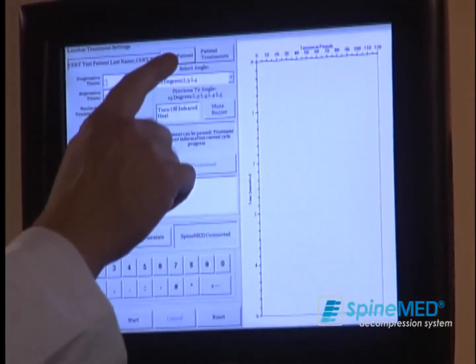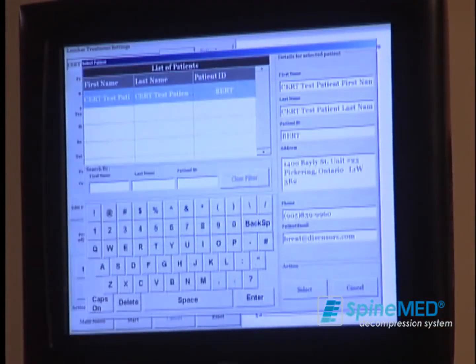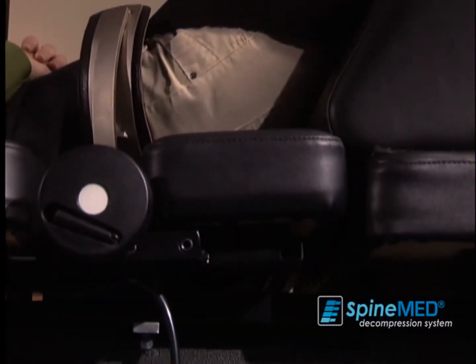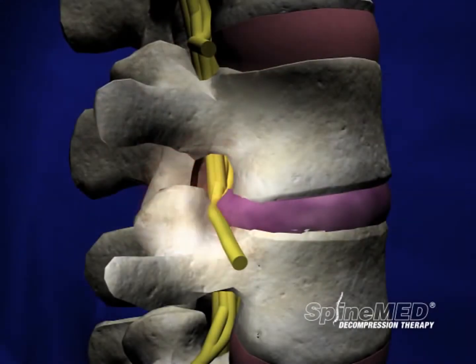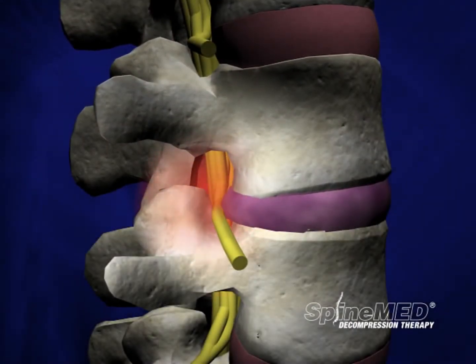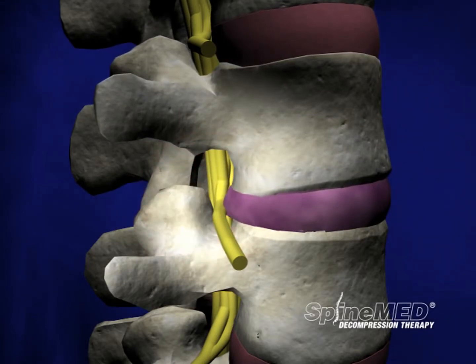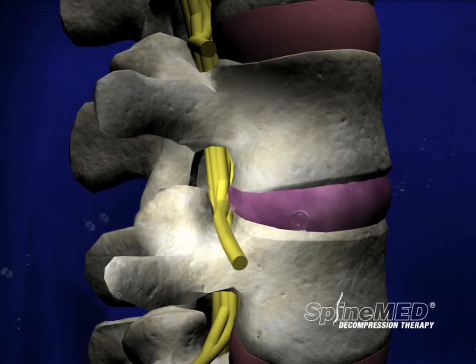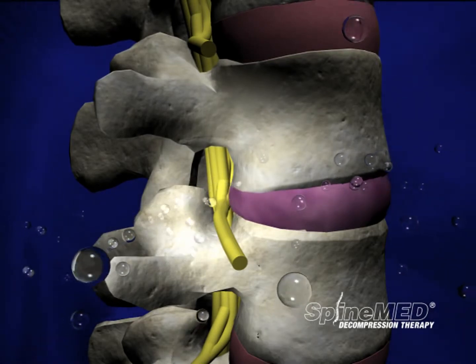Through precise computer controls, the SpineMED is designed to target the damaged lumbar or cervical discs and then gently distract the spine. Under distraction, the pressure exerted on the disc is reduced dramatically, which may help draw the bulging or herniated gel-like material of the nucleus back into the center of the disc, relieving pressure on the nerves.